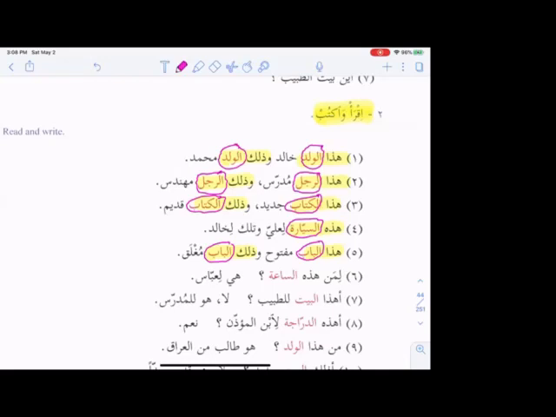Now I think you can all understand. Hadal baytu lit tabibi, does this house belong to the doctor? La, it belongs to the mudarris. Hadhihi darajatu libni. See, it is li ibni, but you did not pronounce the hamza because this is hamzatul wasl, ibnu. Remember, ibnu. You have to remember, we had done it.